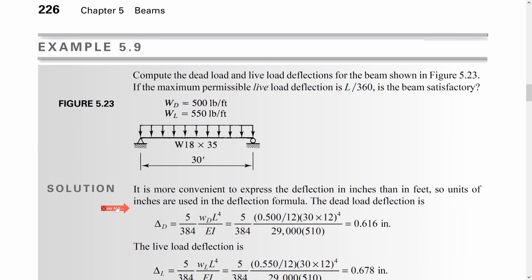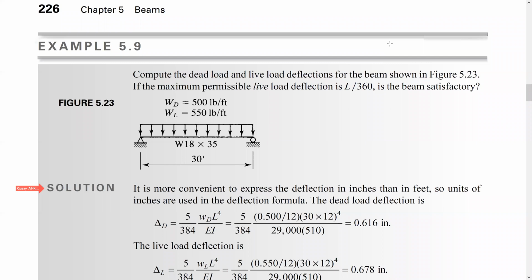Is the beam satisfactory, and is the beam adequate for the serviceability limit state, which is the deflection? So let's check whether this beam is okay for deflection. This beam is supposed to be checked or designed for bending strength and shear, and the last step should be the deflection.